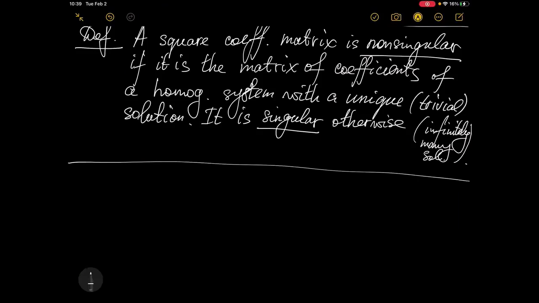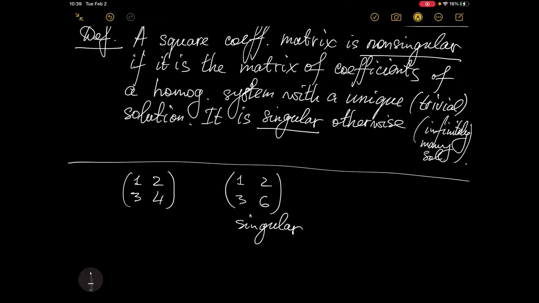Okay, if I consider the following two matrices, this is singular and this is non-singular. By the way, how can you easily see that this matrix is singular? If I multiply the first row by 3 and subtract from the second row, what will happen?